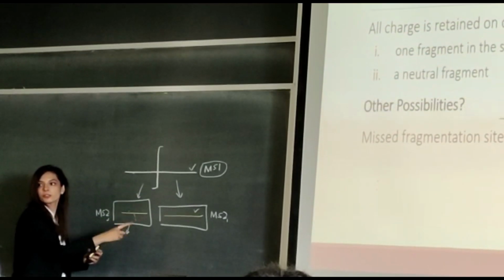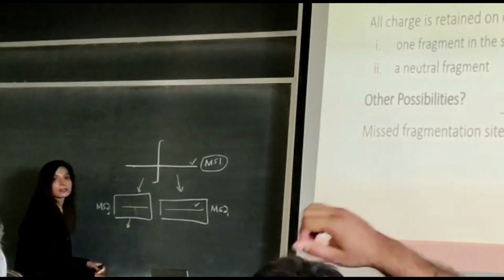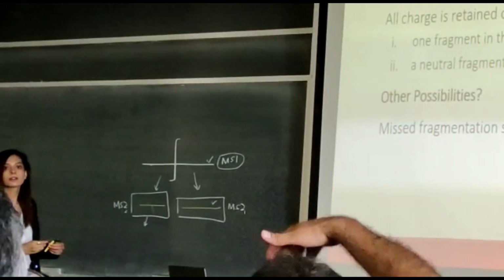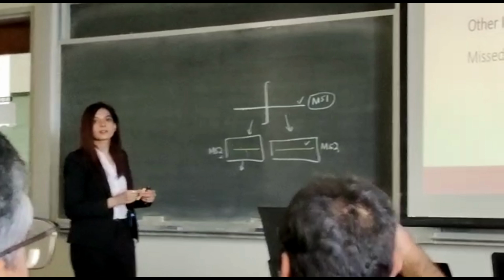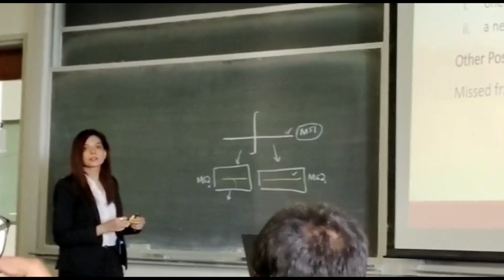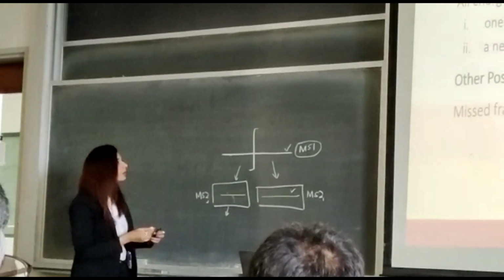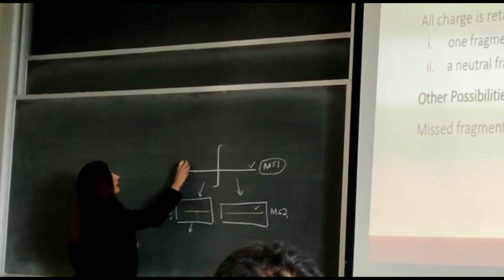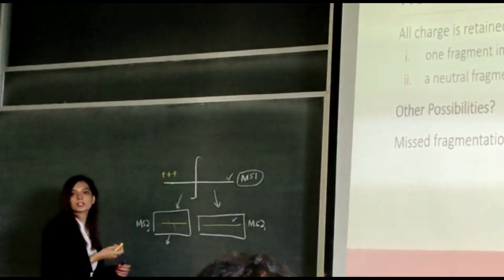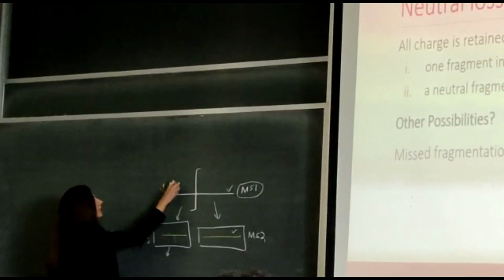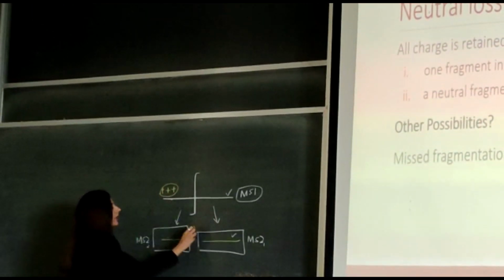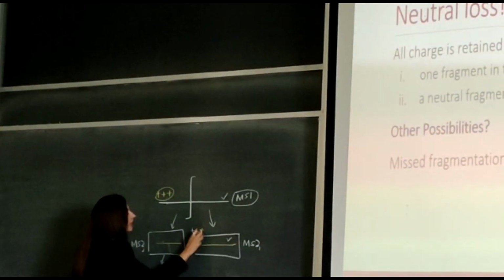So, Kanzal, I think it would be useful to elaborate why such an event would occur. Why should we have an uncharged species coming out? Yeah. For instance, we have a multiply charged intact protein. This charge is retained by one of the fragment ions, and the other one is not detected. Why?